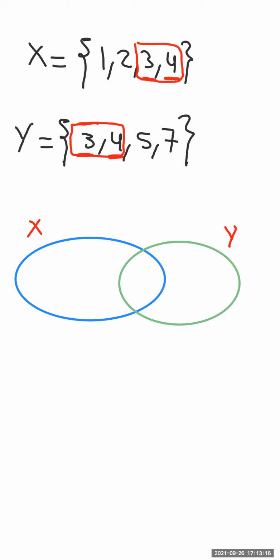So simply write the common elements in the intersection area between the two sets, which is this place. Inside this part we write 3 and 4, because 3 and 4 exist in the two sets, correct?